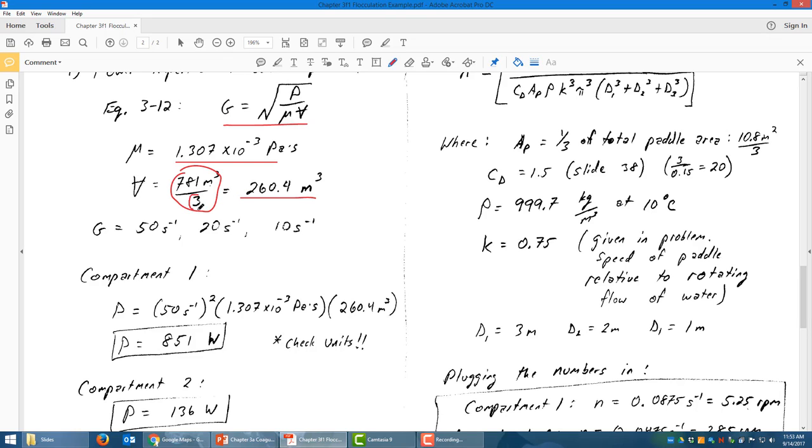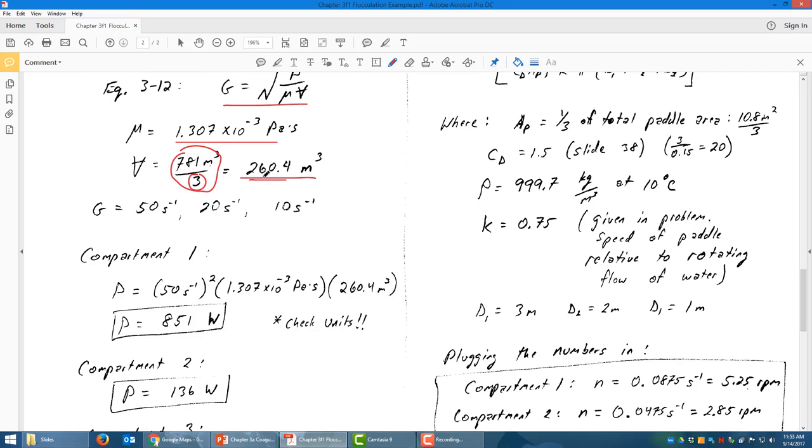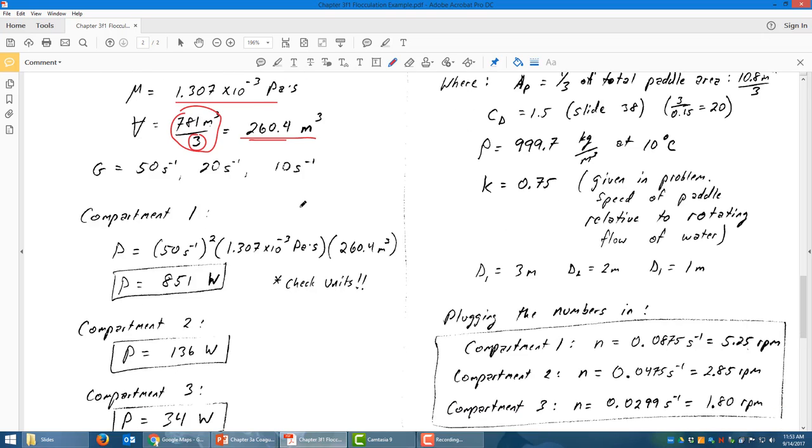We're dividing that by 3 because we have 3 compartments, so our volume per compartment is 260.4 meters cubed. That's important because we are designing each compartment separately as we go through this design. And the G values were given to us: 50, 20, and 10.